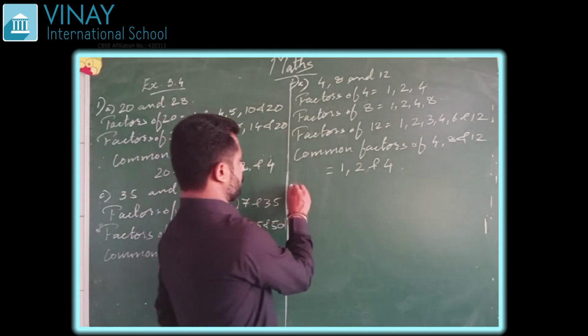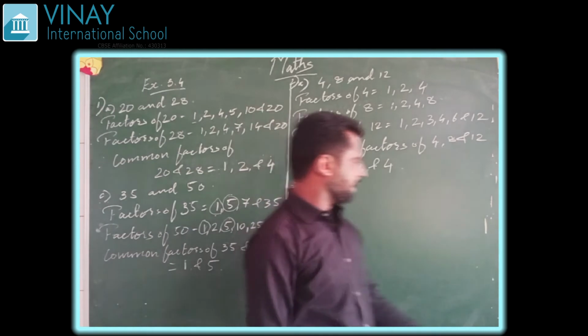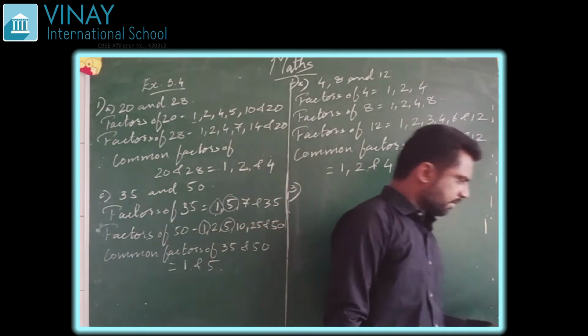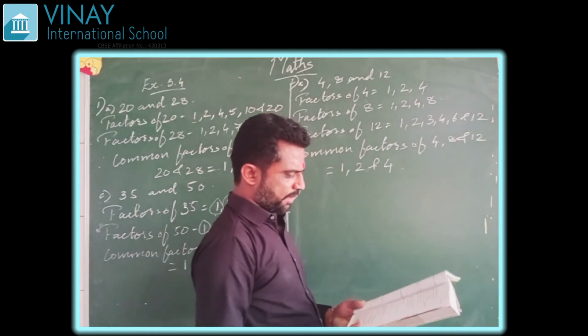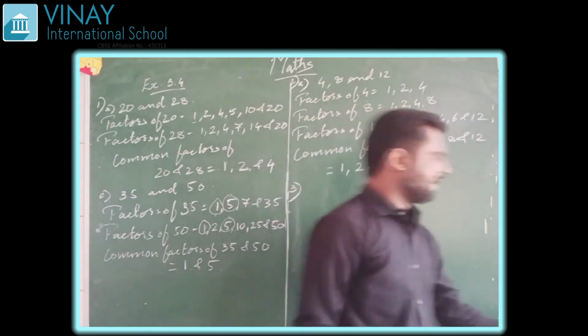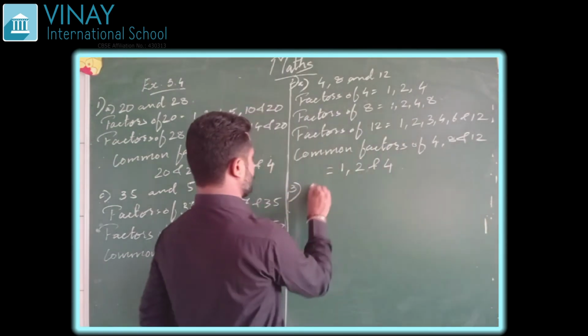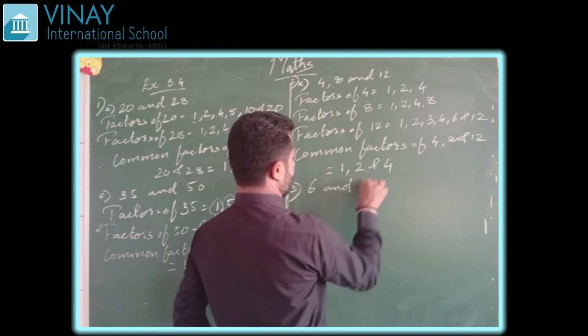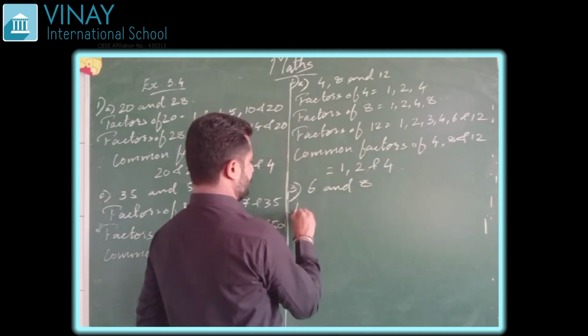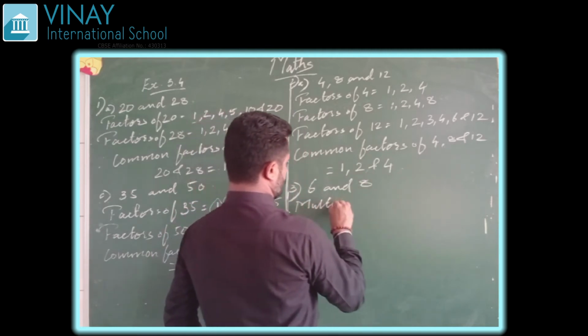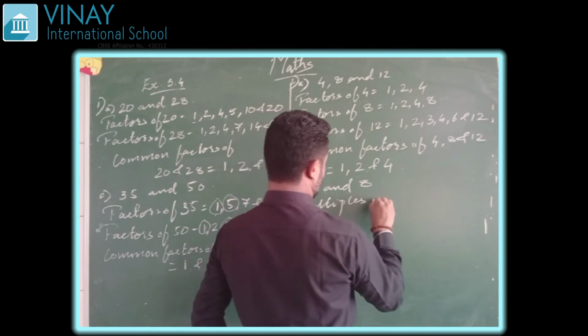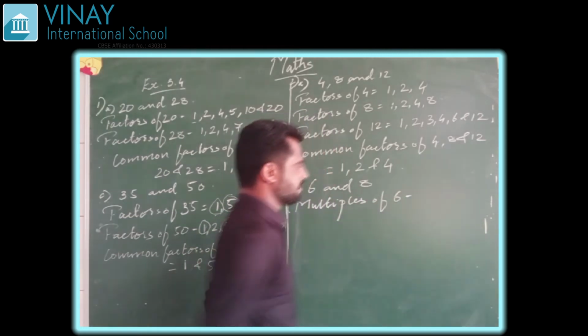Now let us see question number 3. Find the first three common multiples of 6 and 8. First we need to find the multiples of 6.